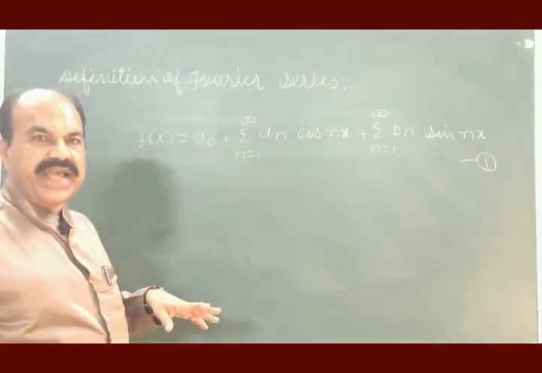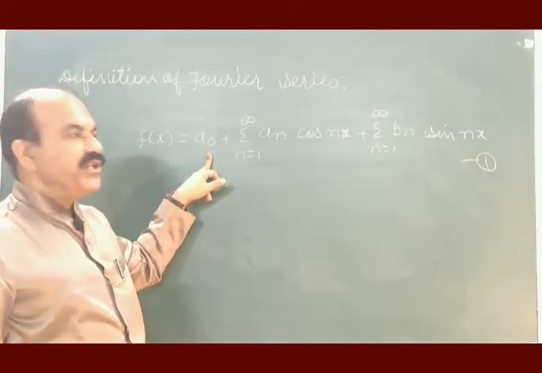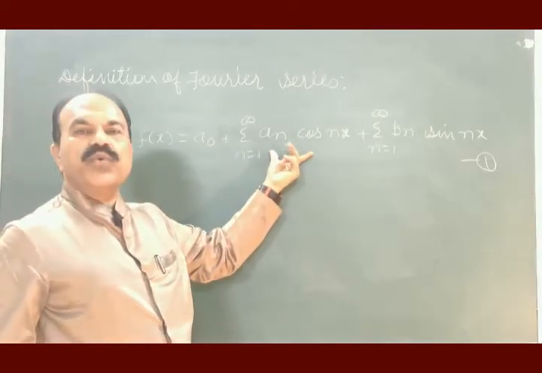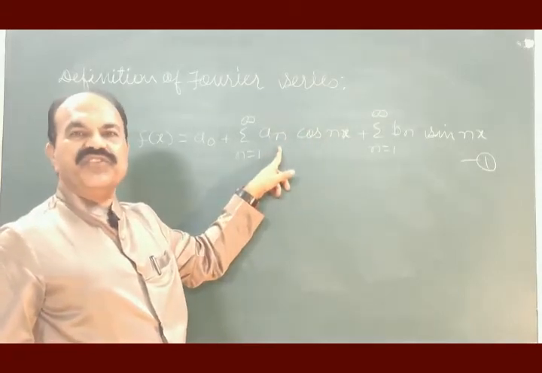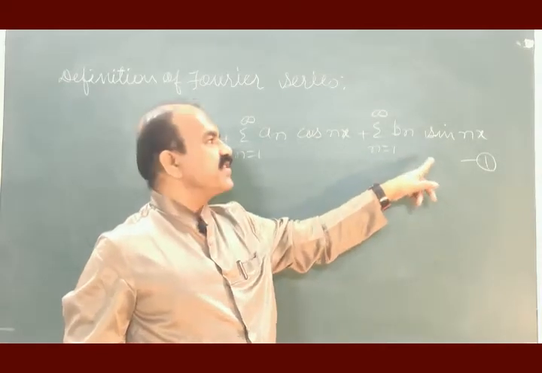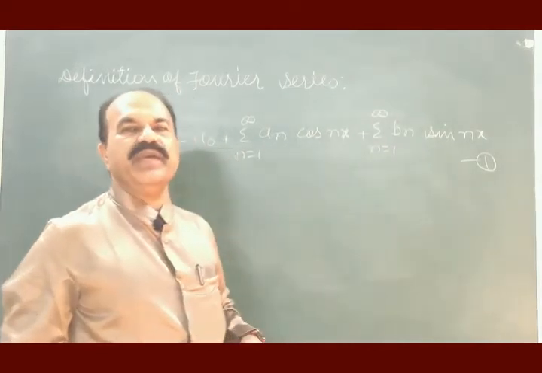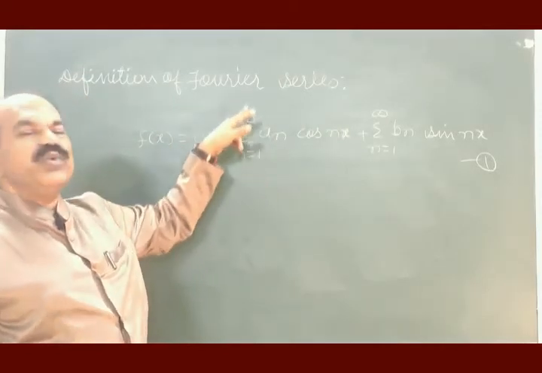What does this series have? It has a constant term a0, cosine term cos nx with coefficient an, sine term sin nx with coefficient bn. How many such terms may be there? n is equal to 1 to infinity.